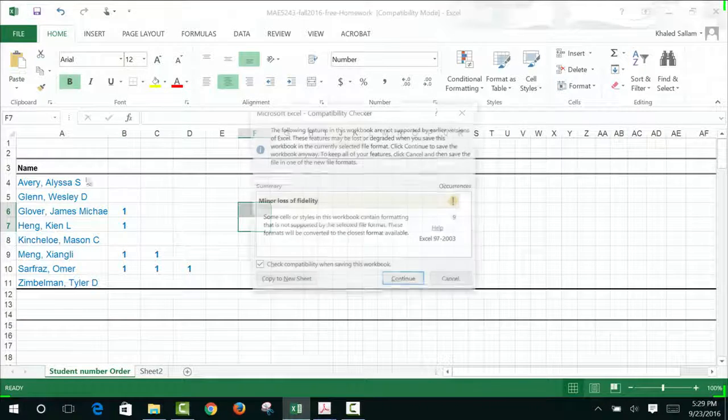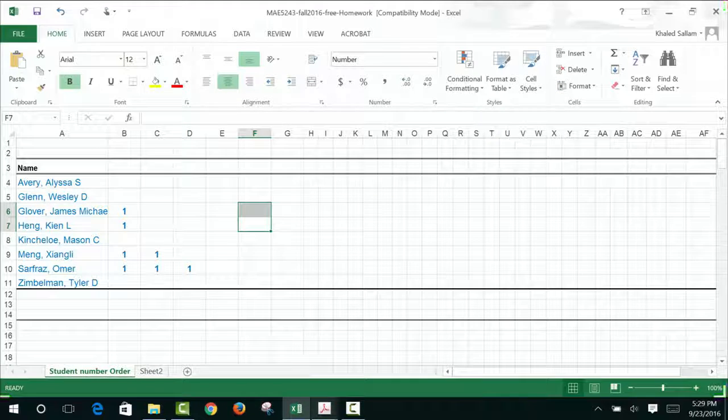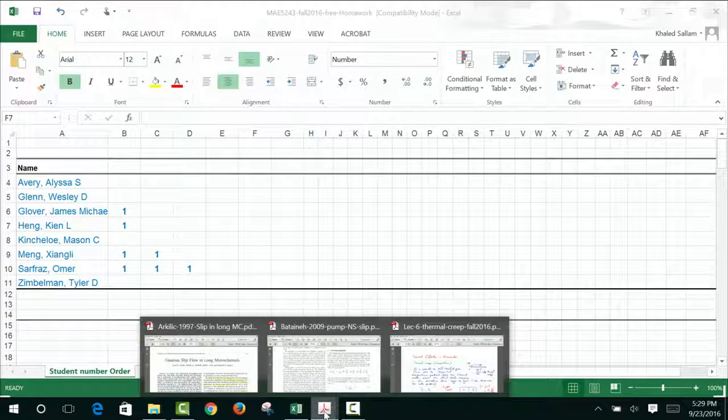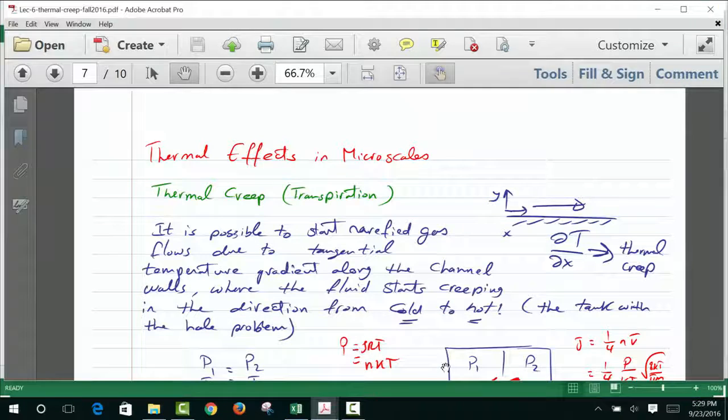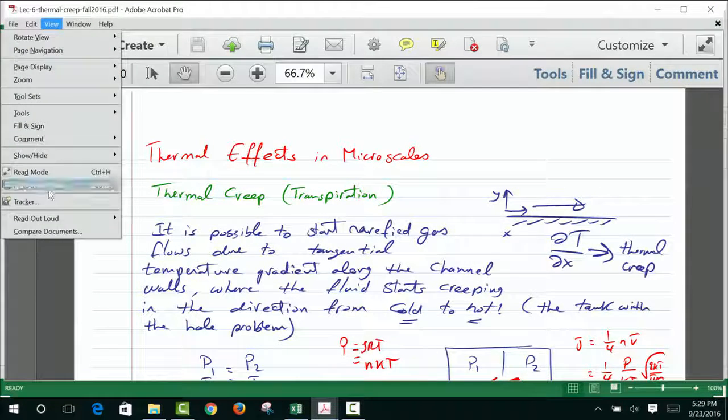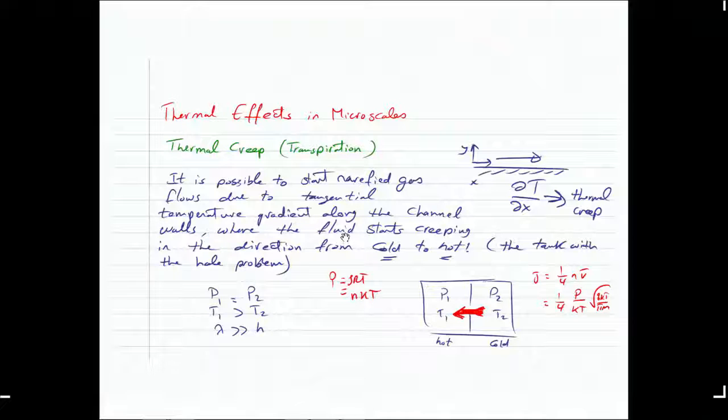And the free homework problem. So it's 287 for air. You should remember the R for air. It's important. The R for air is 287 joule per kilogram Kelvin.